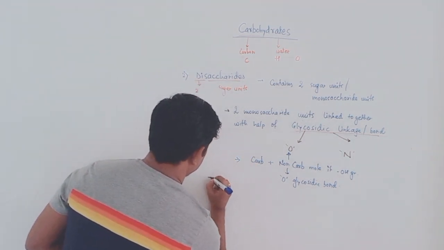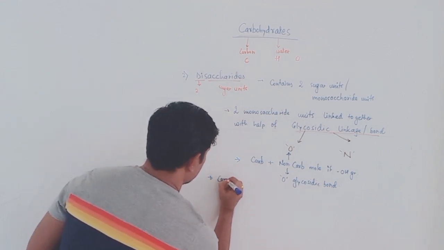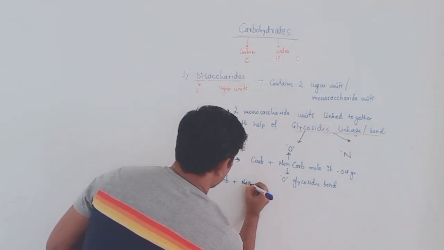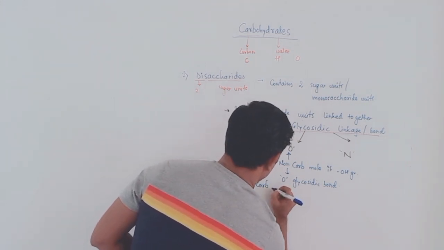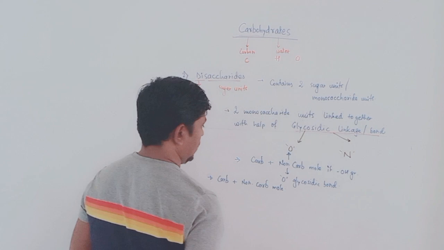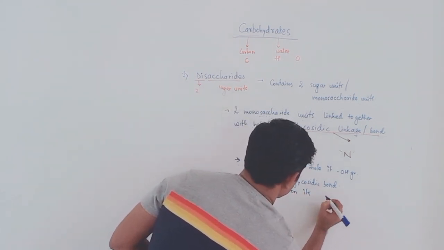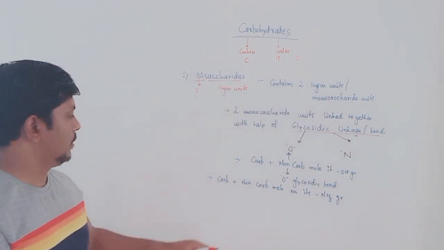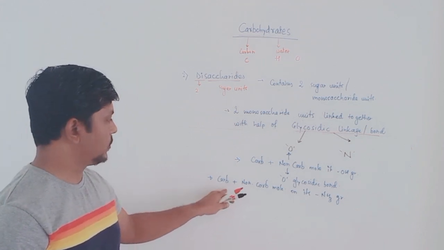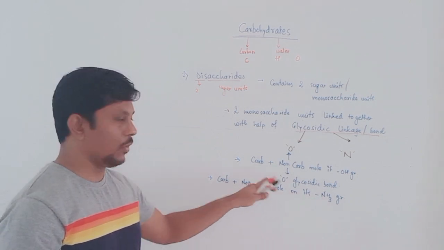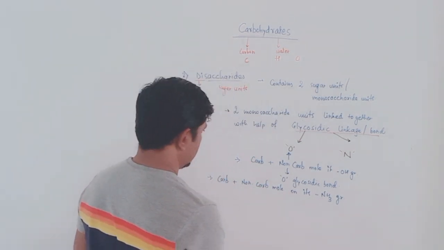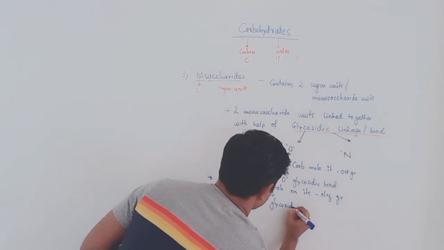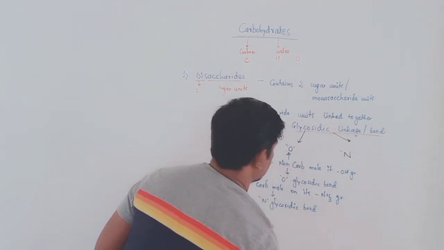And if the carb molecule joins with a non-carb molecule on its amino group, okay, so the monosaccharide unit joins on the amino group of the non-carb molecule, then the bond formed is called N-glycosidic bond or linkage.